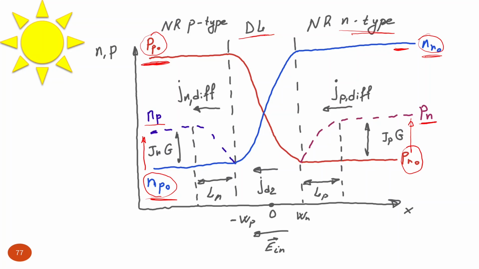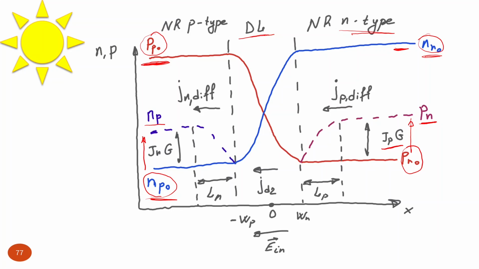Their concentration under open circuit condition can be defined as the product of the recombination lifetime of minority charge carriers, in this case tau p, the recombination lifetime of holes in the n-type region, times G. This capital G is the generation rate. That tells us how many charge carriers, electron-hole pairs, are generated per unit volume, per unit time.